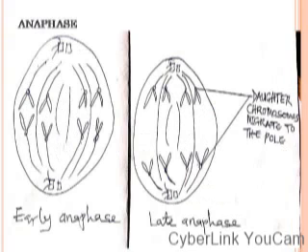Now let us look at the fourth stage, which is the anaphase stage. There is also early anaphase and late anaphase. At the early anaphase, these daughter chromosomes move toward the poles, or toward the ends of the cell.